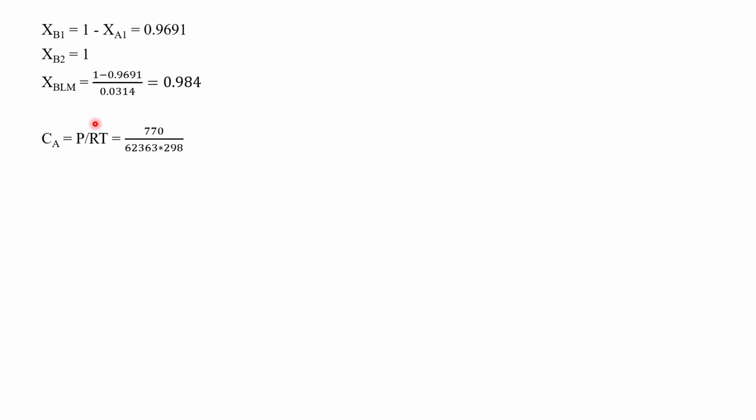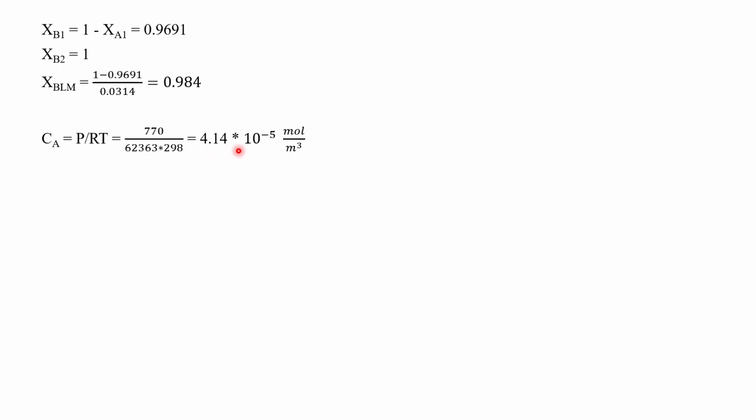We'll calculate the concentration, which will be P upon RT. Total pressure will be 770, temperature is 298 Kelvin and R is 62363. The pressure units will be in mmHg, so to cancel this out and maintain unit consistency, the value of R is taken as this.